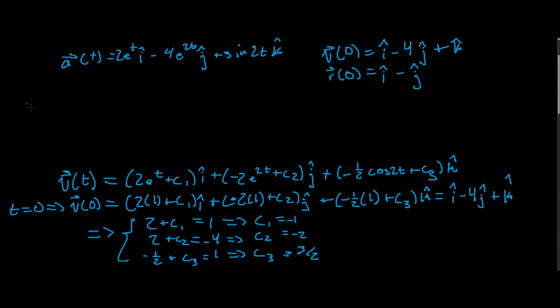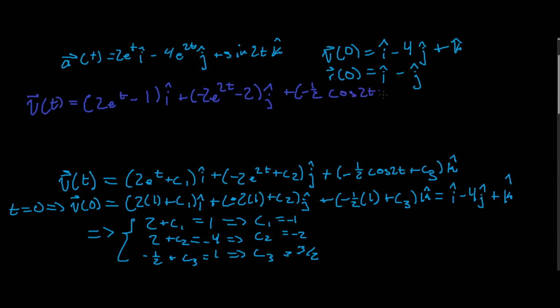So with this in mind, we can rewrite the velocity function as this. Velocity dependent on time equals 2 times e to the t plus c1, which is -1, in the i direction, plus -2 times e to the 2t plus c2, which is -2, in the j direction, plus -1/2 cosine 2t plus the third constant, which is 3/2, in the k direction.